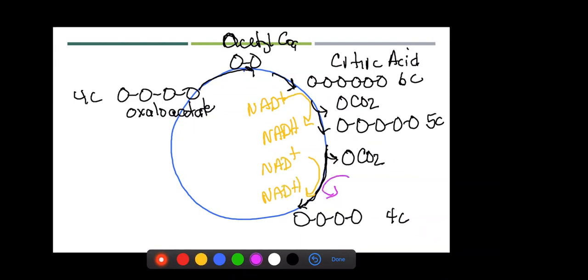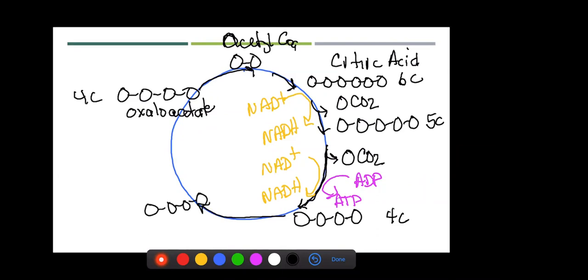We also are going to make a molecule of ATP. We have enough energy between the 5 and 4 carbon molecule to do substrate level phosphorylation here. So we have another ATP. And then we're going to go here.